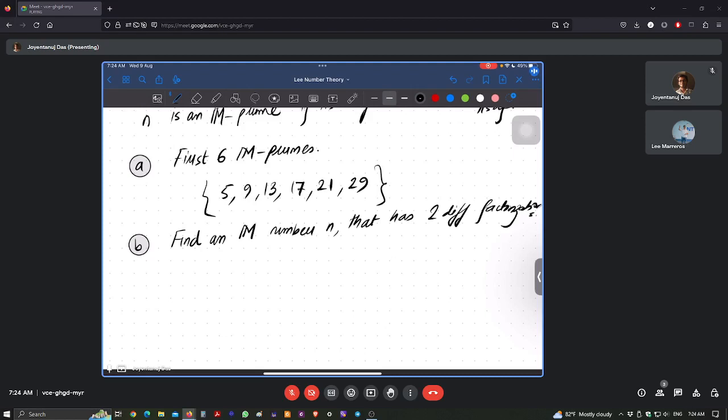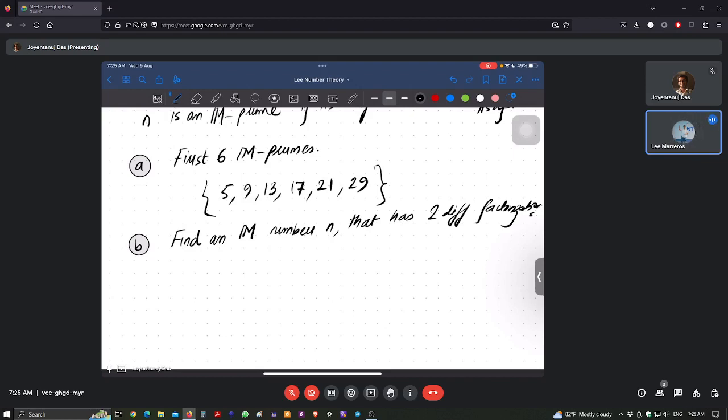So when will we have 2 different factorizations? What makes an M number?